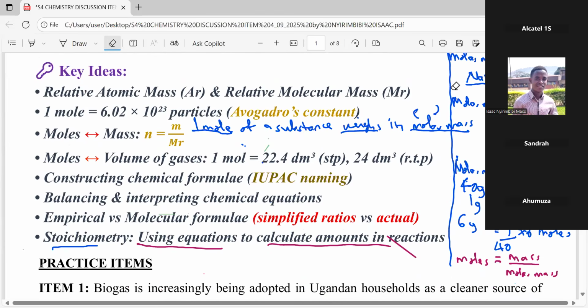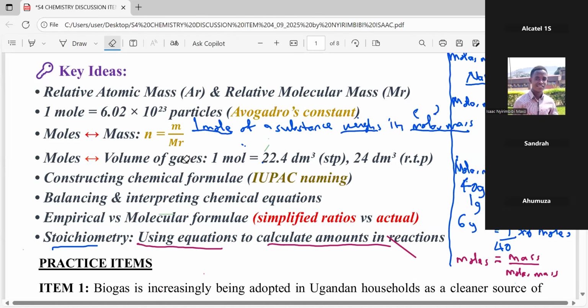There is that statement here, point number 4. Are you seeing it? Yes. Point number 4 is showing us the relationship between moles and volume of a gas. This was discovered by Avogadro, who said that for all gases, 1 mole of a gas occupies the same volume at standard temperature and pressure.